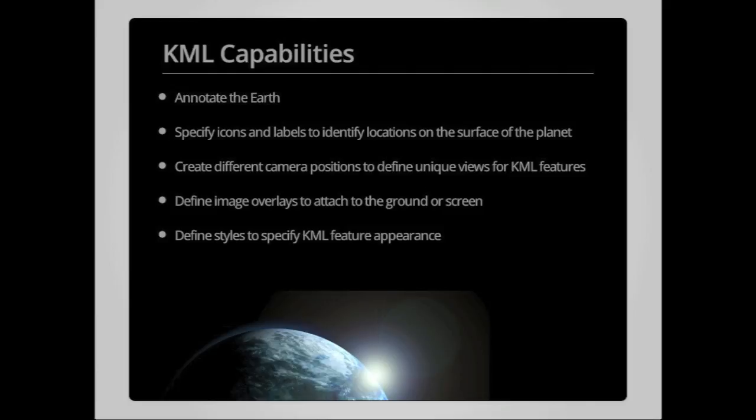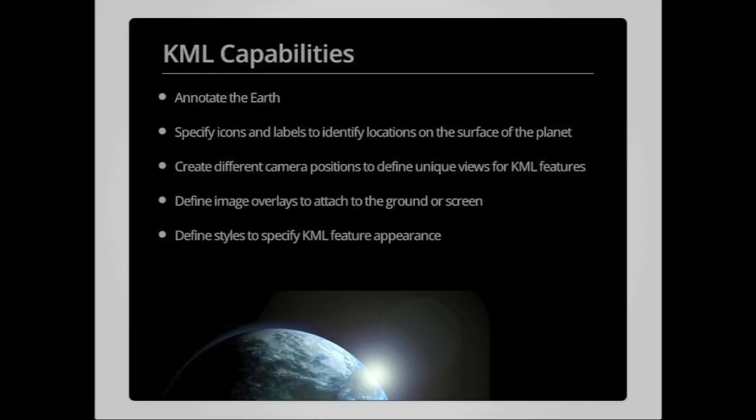You can create different camera positions or perspectives, so you can actually view features defined in KML from different elevations or angles. You can define what are called image overlays that can be attached to either the ground coordinate system within the global reference system in KML, or to fixed coordinates in whatever viewer application may be providing access to the KML file.